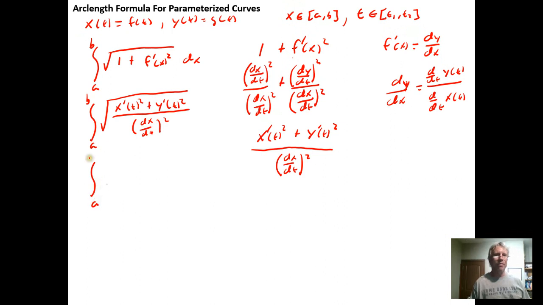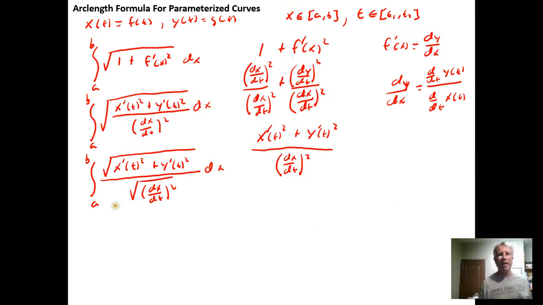If we look at that carefully, we can simplify it, because we can take the square root of the numerator, x prime of t quantity squared plus y prime of t quantity squared, and the square root of the denominator separately. As long as they're not both negative we can do this, and we know they're not, because everything inside of the radical is being squared. Sorry, this should be pulling down a dx all along the way. And then the square root cancels the squaring, and we're left with dx/dt right here.